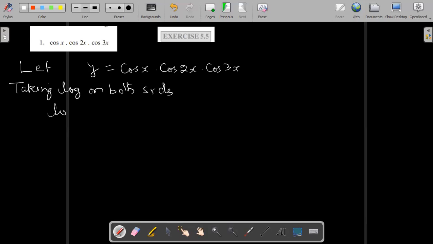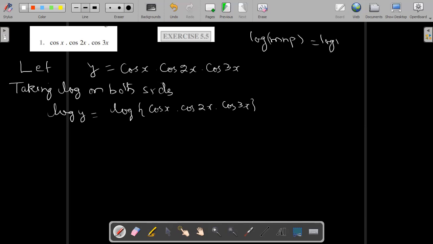So this will become log y is equal to log of the product of three functions, that is cos x into cos 2x into cos 3x. This is the formula for product, as I told you: log of m into n into p will be equal to log m plus log n plus log p. So this formula will be used here.